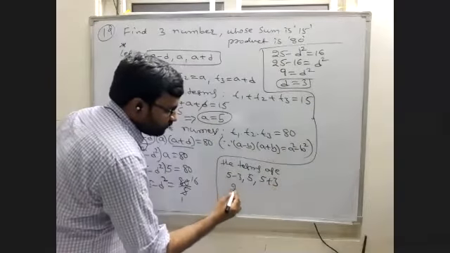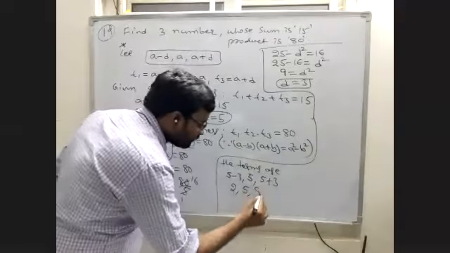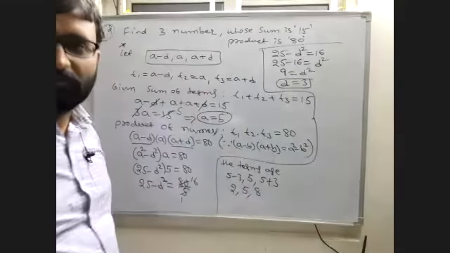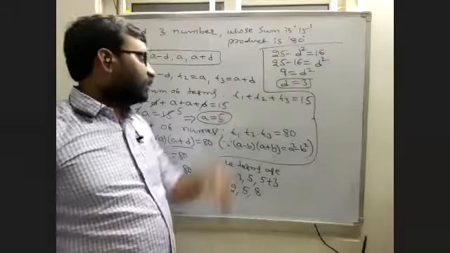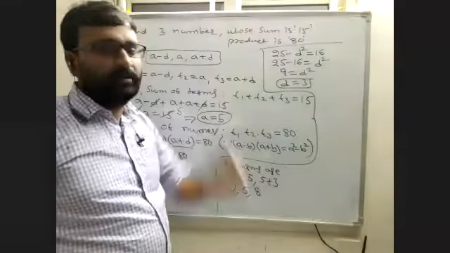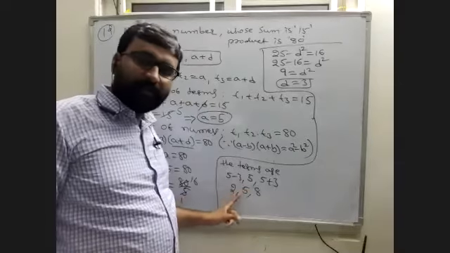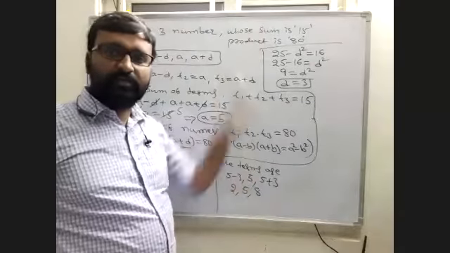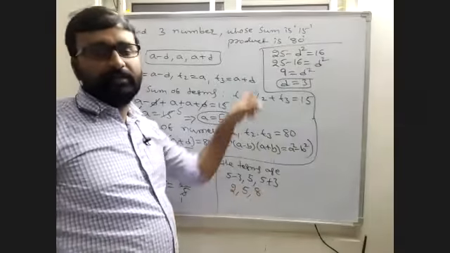Now 5 minus 3 is 2 and 5 is 5. 5 plus 3 is 8. These are the three required terms. With the product is 80, addition is 15. Now check once. 2 plus 5, 7. 7 plus 8, 15. Correct. Now product. 2 into 5, 10. 10 into 8, 80. Correct.